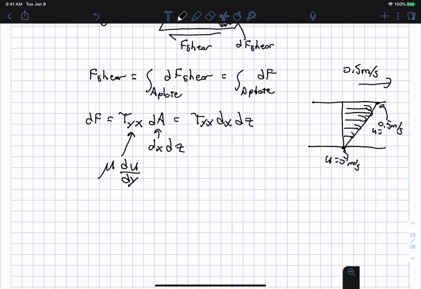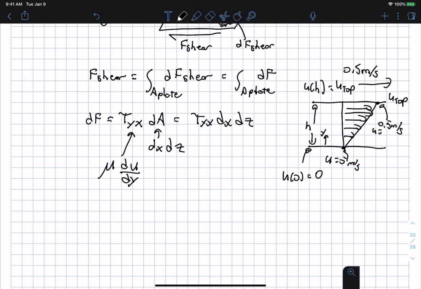We call this height h, and I'm going to call this u top. Again, in this class, I'm going to try to get you into the habit of working symbolically all the way up to the end, so you can get a nice little formula that you can just plug your numbers into. So we know that u at the top of the plate is equal to u top, and u on the bottom, at y equals 0, equals 0.